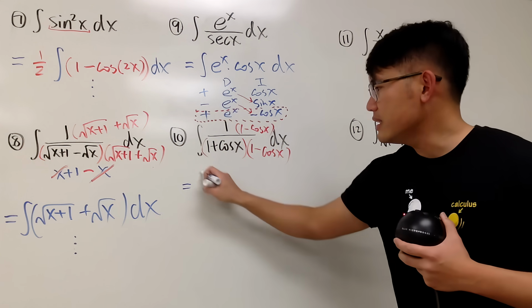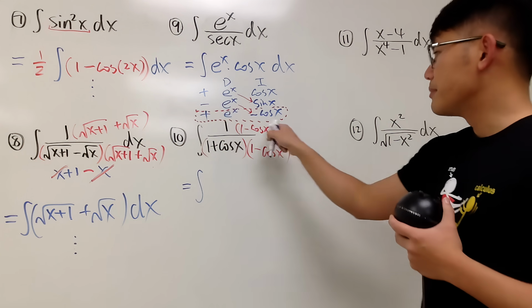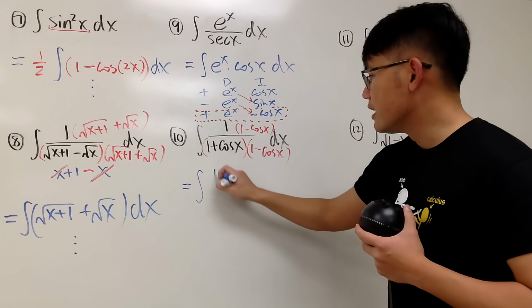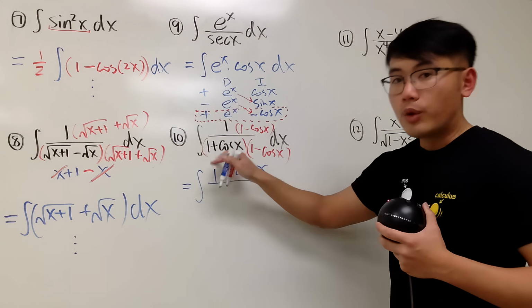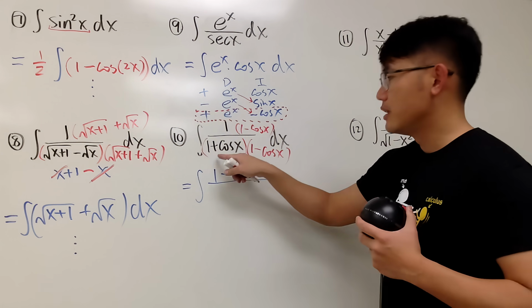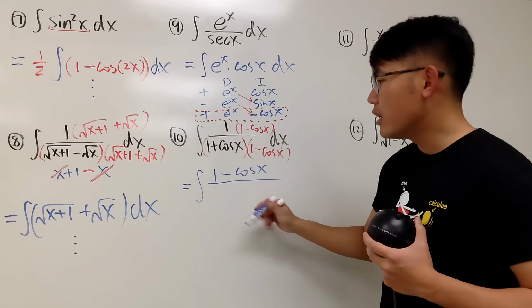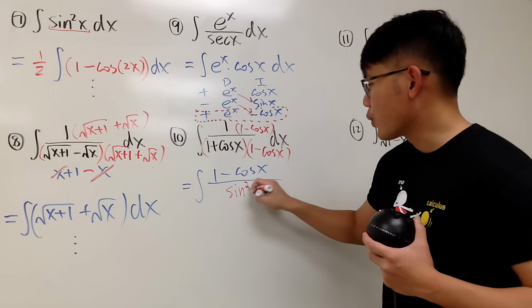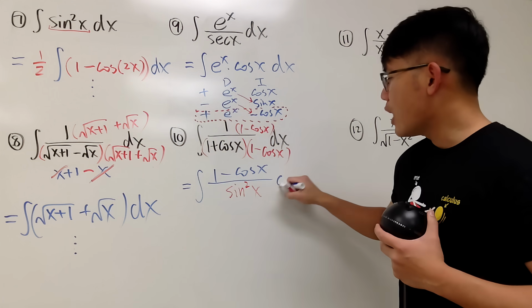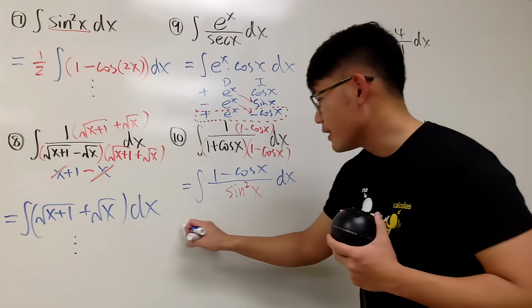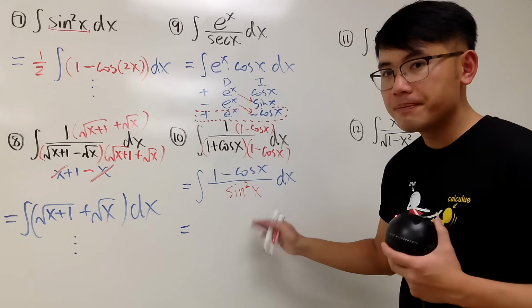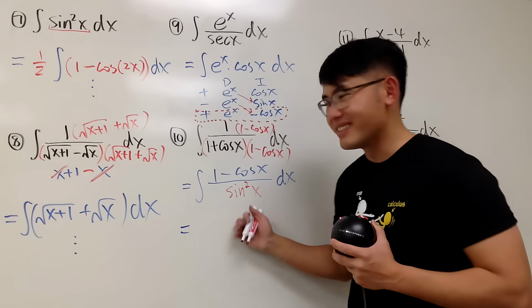And you will see that the top is just this, which is 1 minus cosine x, and on the bottom, when you multiply this out, you get 1 minus cosine square. In other words, we get sine square x. And now we have more things to work with. This is pretty straightforward now because we can just split the fraction since we only have one term in the denominator.